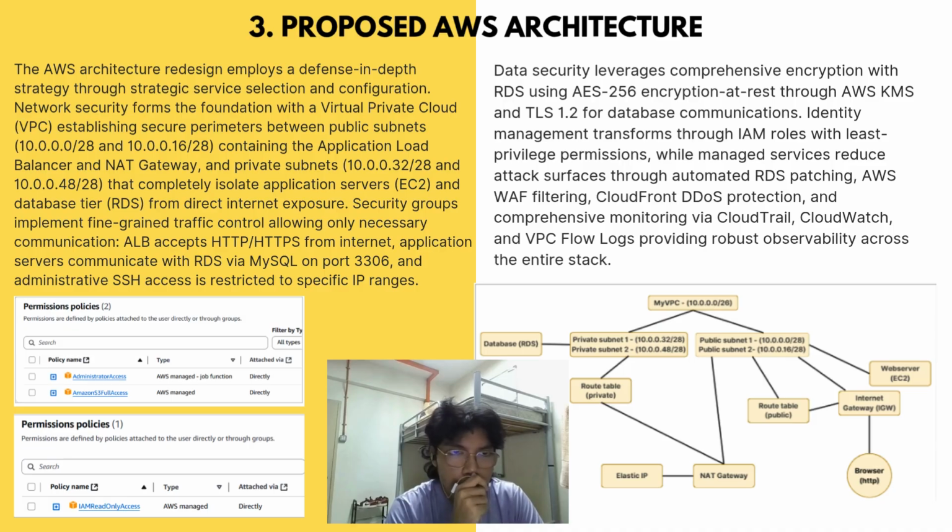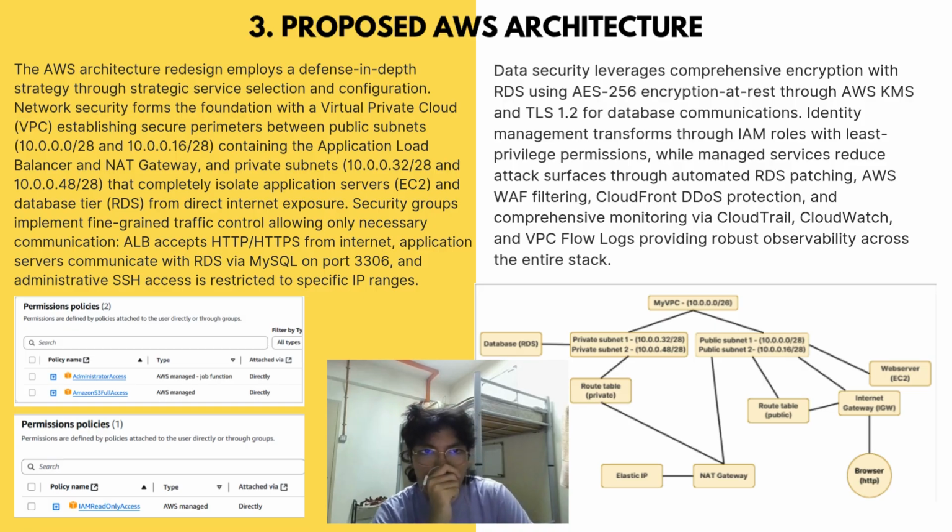Security groups implement fine-grained traffic control, allowing only necessary communication. The ALB accepts HTTP and HTTPS from the internet. Application servers communicate with RDS via MySQL on port 3306, and administrative SSH access is restricted to specific IP ranges.